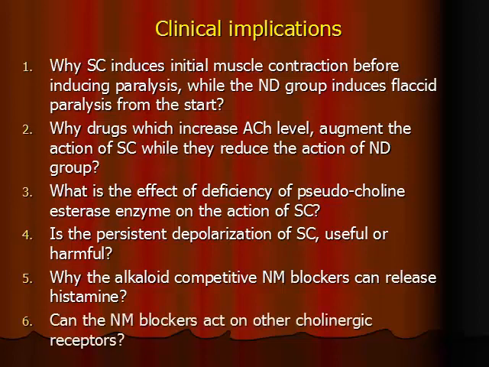Can the neuromuscular blockers act on other cholinergic receptors? The answer: yes. Succinylcholine may stimulate muscarinic receptors, the same way as acetylcholine. This is responsible for the cholinomimetic adverse effects of succinylcholine. Curare-like drugs can block the nicotinic NN receptors, which are present in two sites: first, presynaptically on the motor nerves, thus, they progressively decrease acetylcholine release.